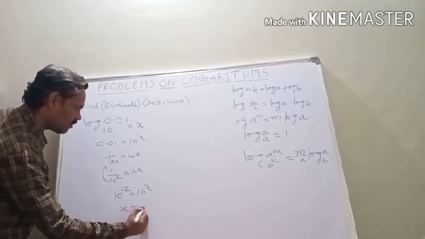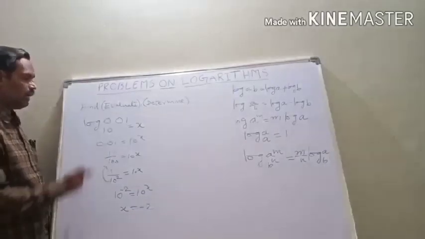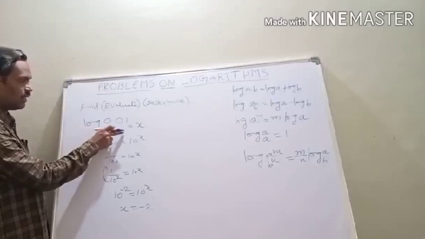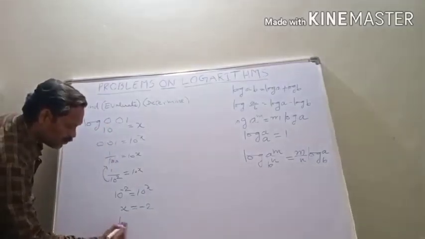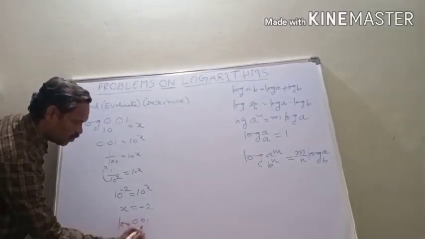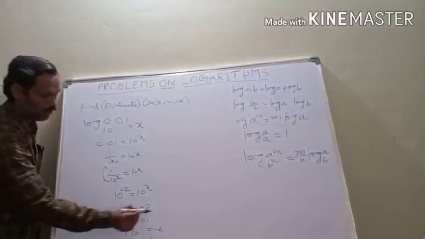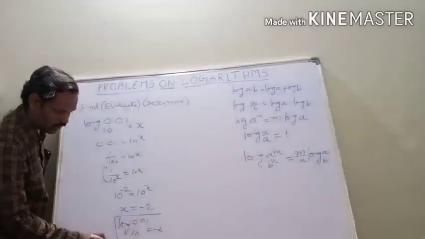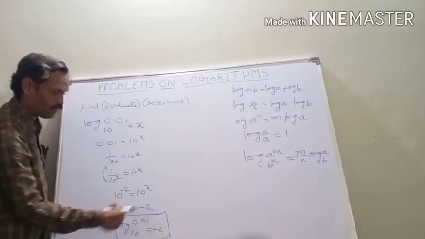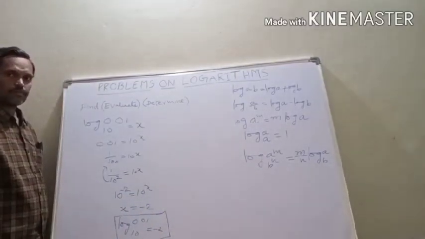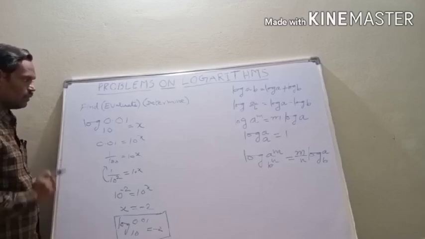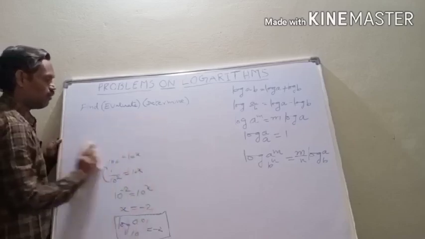Therefore, x is equal to minus 2. According to our assumption, x is nothing but log 0.01 base 10, that is equal to minus 2. You have to highlight the answer at the end. Okay, go for another problem.